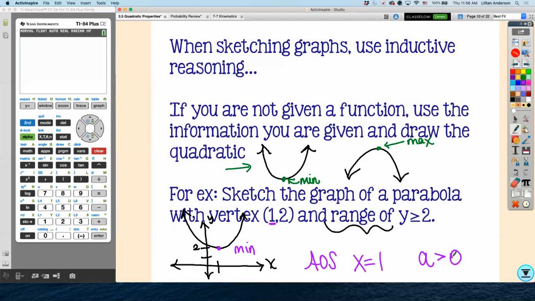All I really needed to do was in the black, which was to draw the sketch. Because the parabola opens up, on the actual equation for a quadratic, which is ax squared plus bx plus c, that coefficient tells us whether it opens up or down.